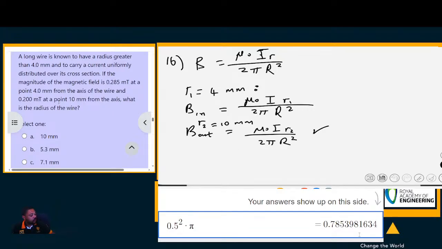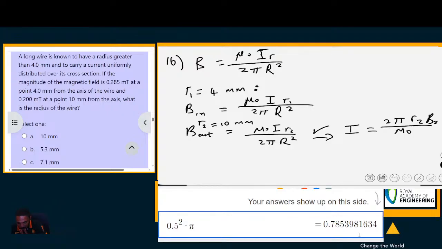If we make I the subject of the formula, the current is equal to 2 pi R squared B2 divided by mu naught.